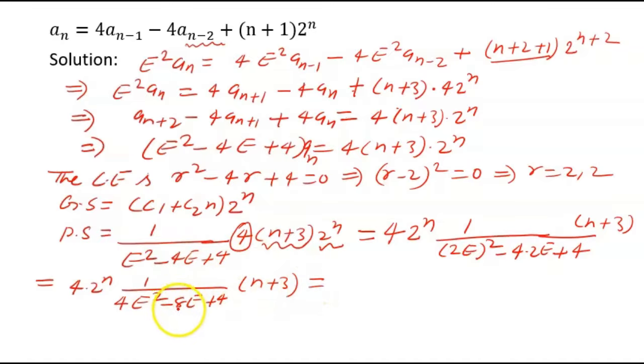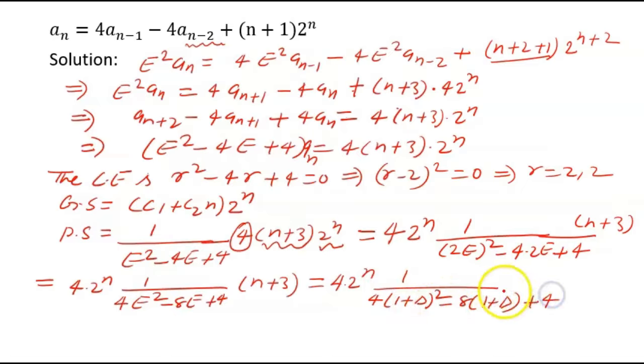Now this is a polynomial in E, so I need to change it in terms of delta. So I will write 4 into 2 to the power n, and it will be 4(1 plus delta) whole squared minus 8(1 plus delta) plus 4, which I need to apply on n plus 3.